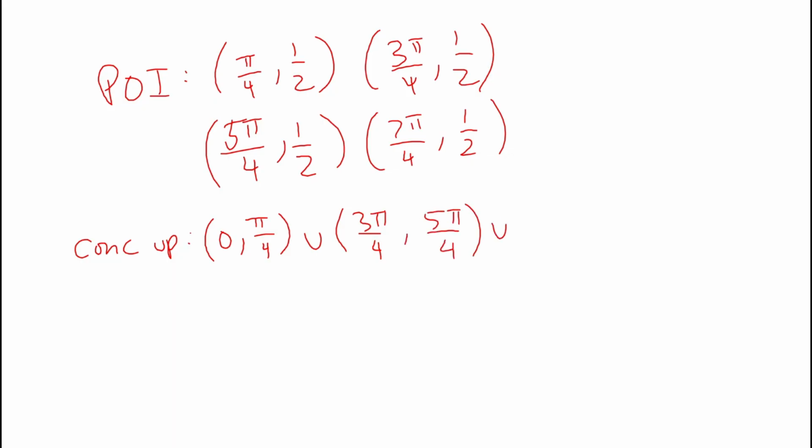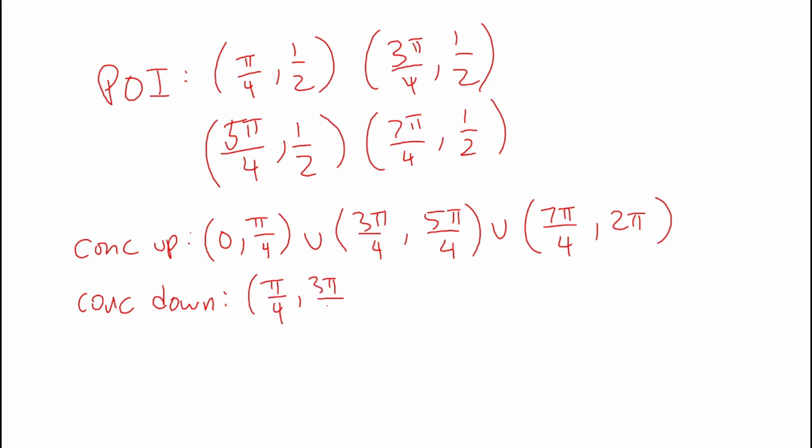And then picking back up again at 7 pi over 4 to 2 pi. And we were concave down on the interval from pi over 4 to 3 pi over 4, and the interval from 5 pi over 4 to 7 pi over 4.